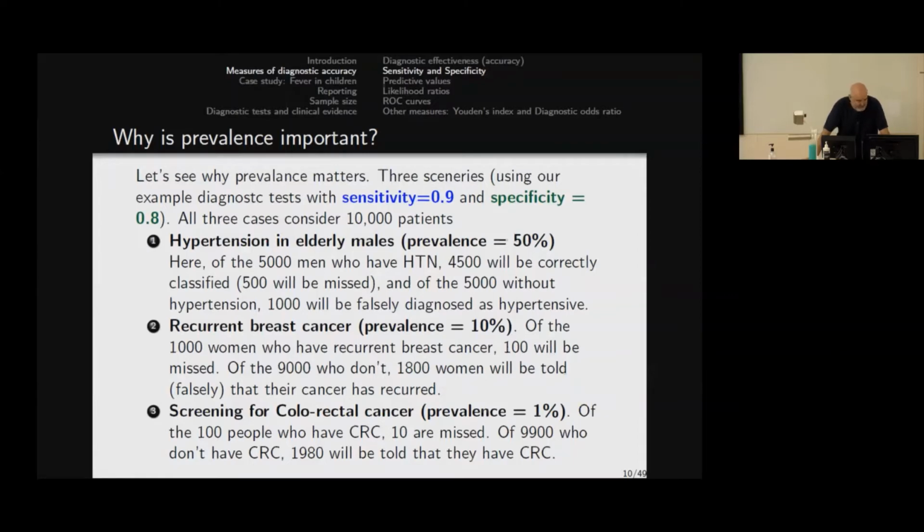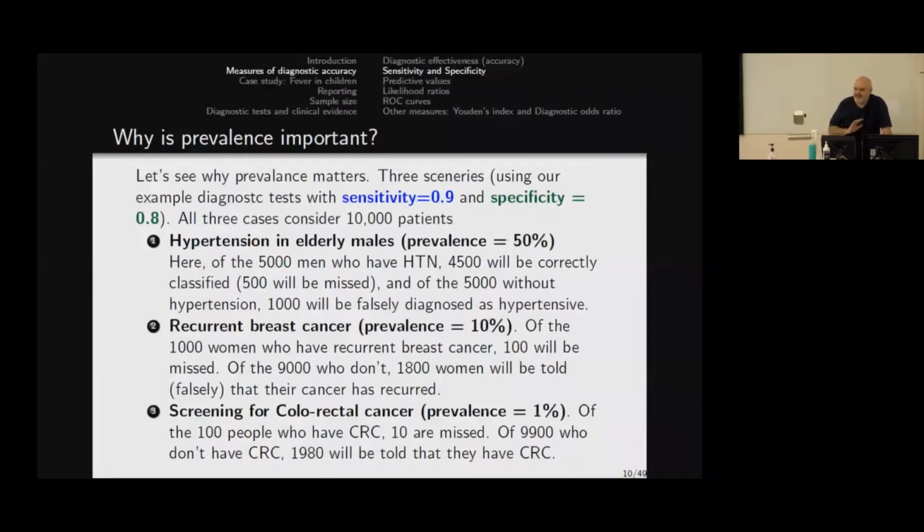And if we miss them, they could die from this. Of the 9,000 who don't have the disease, 1,800 women will be told falsely that their cancer has recurred. Now, that also has a very high cost, because we're telling a woman they have recurrent breast cancer when they really don't.